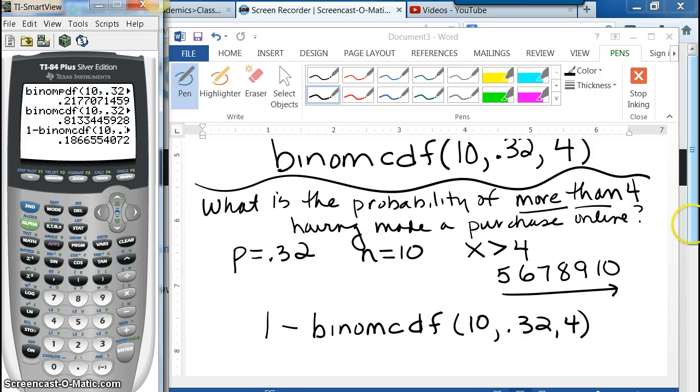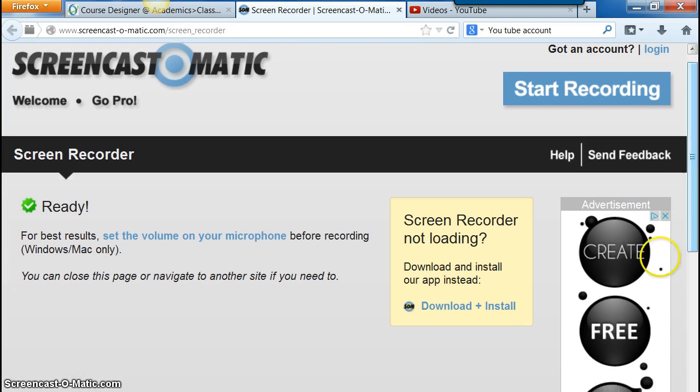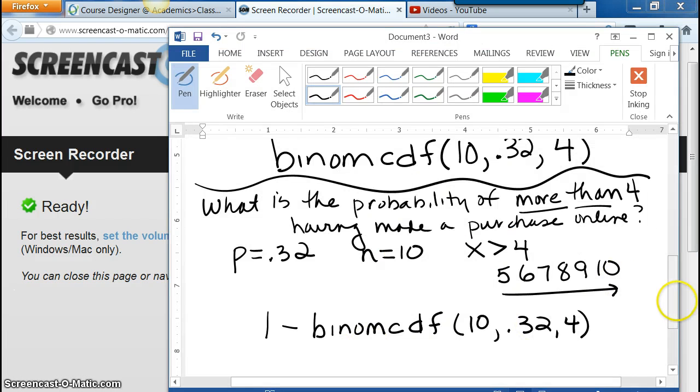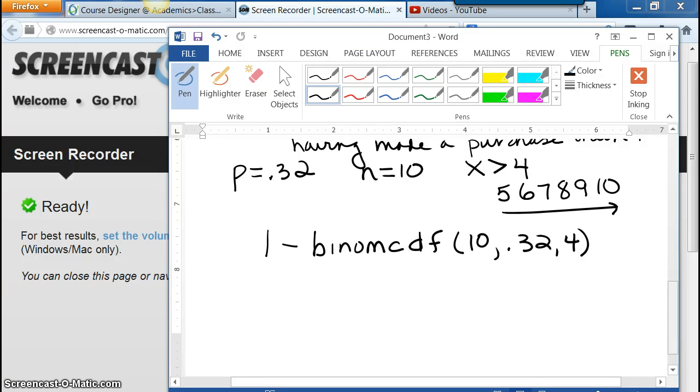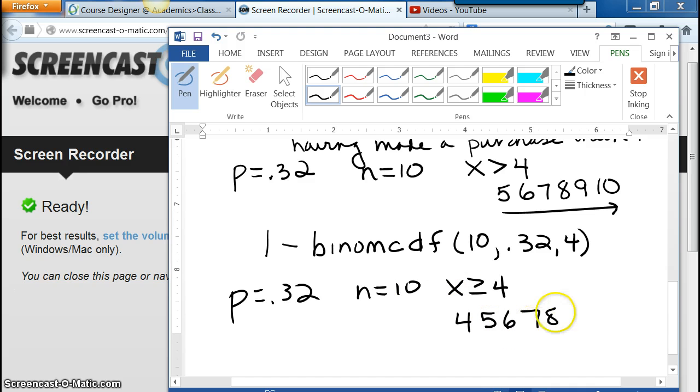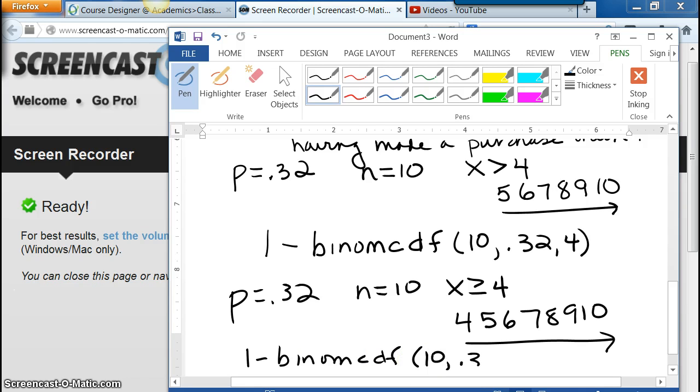Because if it had said 4 or more, if the 4 had been included, like if this problem had been four or more, and I wanted the 4 probability with the answer like that, then on my 1 minus binomial CDF, I would have had to put a 3 back here, because that would be the beginning of the complement, the 3, the 2, the 1, the 0.